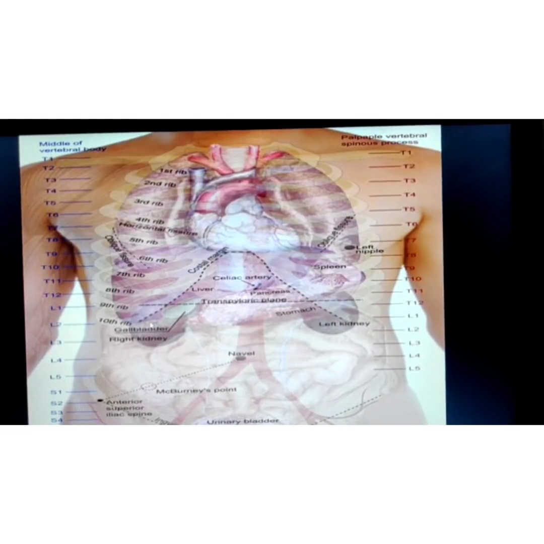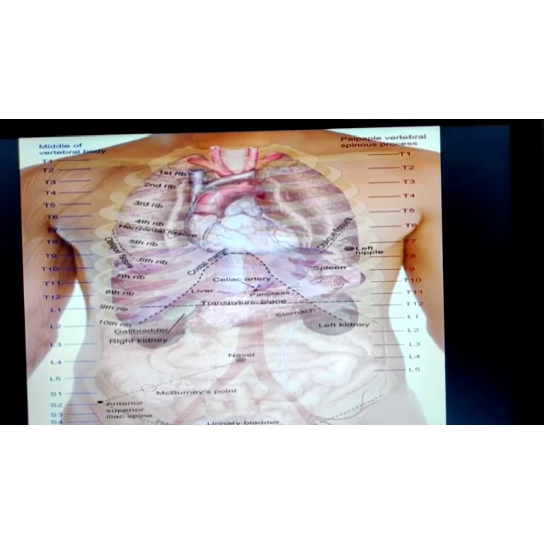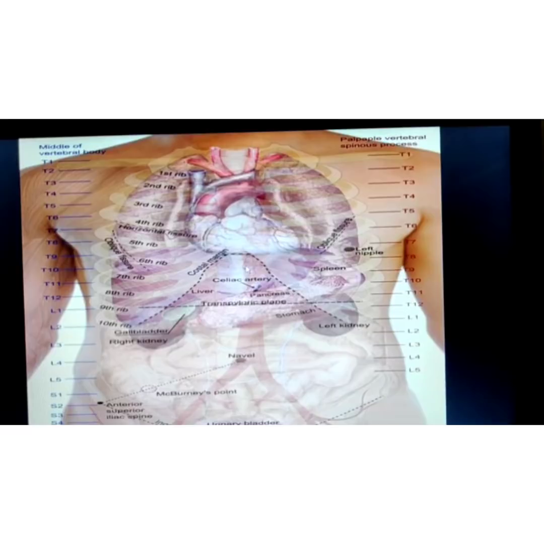As you can see here, this is the attachment of the diaphragm. And this lower margin of the thoracic cage is also known as the inferior thoracic aperture or the inferior aperture of the thorax.